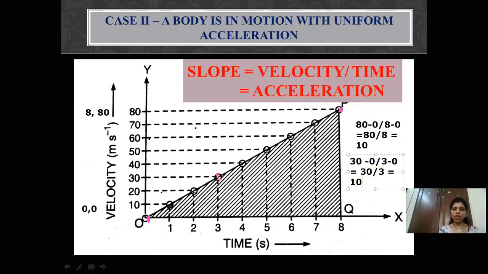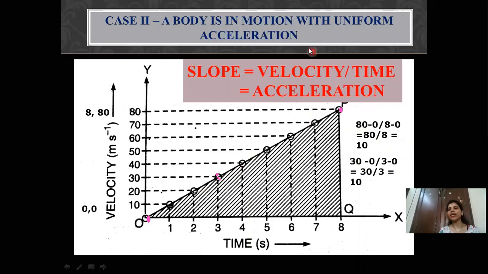30 upon 3 is what? That is 10. Now you can see that because it is velocity versus time, so velocity upon time will give me the value of acceleration. So you can see as acceleration is constant, we use the word uniform acceleration. That means when the velocity time graph is showing a straight line like this, you have to understand that the body is accelerating, the velocity is changing.